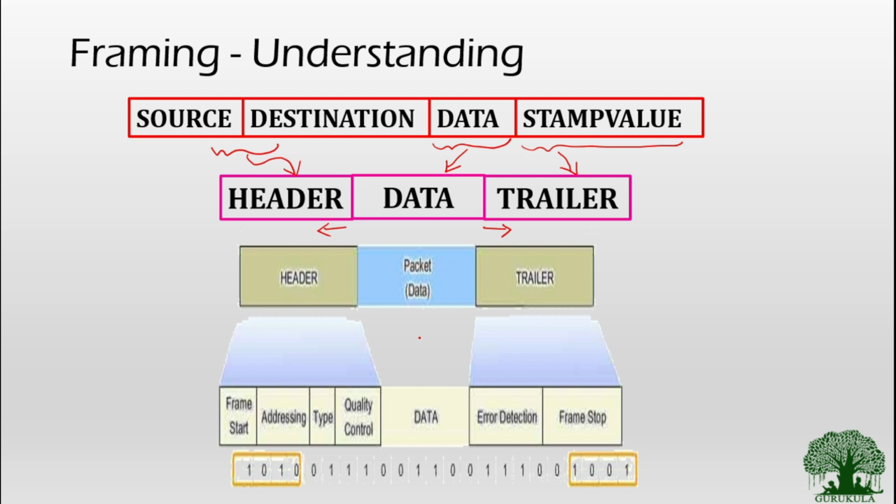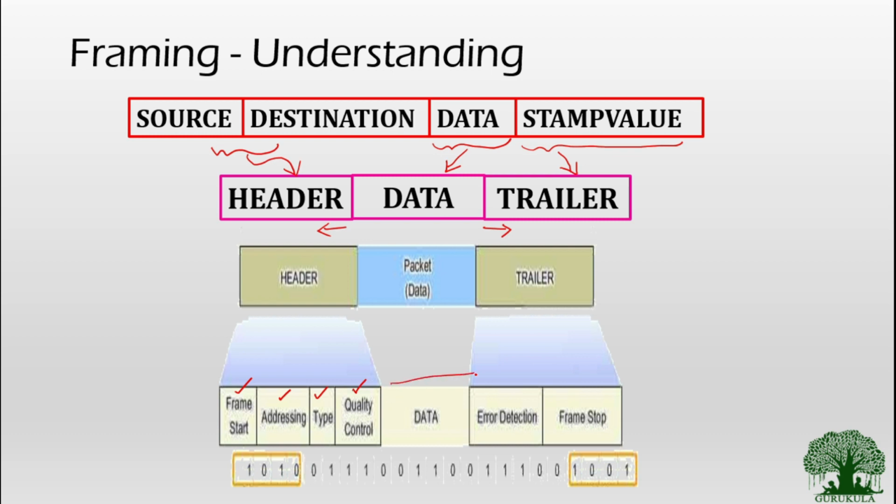So this is a typical example of what a frame looks like. Say, for example, the header may have the identification of the start of the frame, it may have the addressing information such as source address and destination address, it can also have some bits to represent what type of frame it is, and also a few bits for quality control.